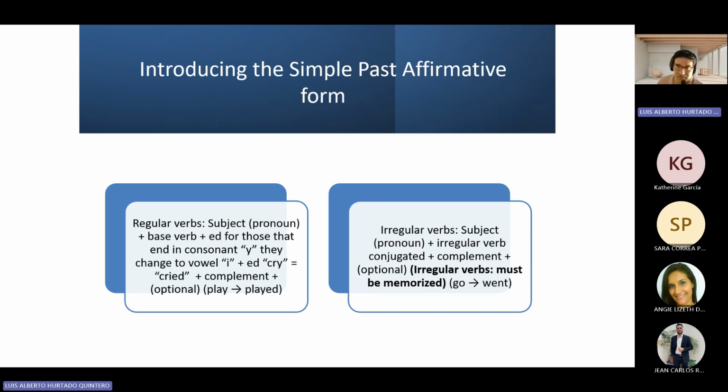Sometimes the complement is needed, sometimes not. For example, if your friend, or in the case of the woman, her husband, says, I am going to play football with my friends, and then he returns home and, as a woman, you say, "Hey, where have you been?"